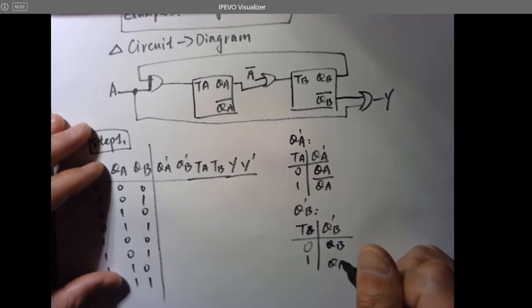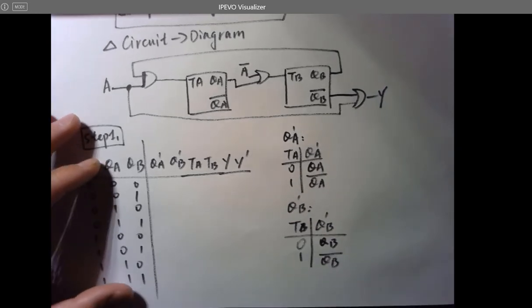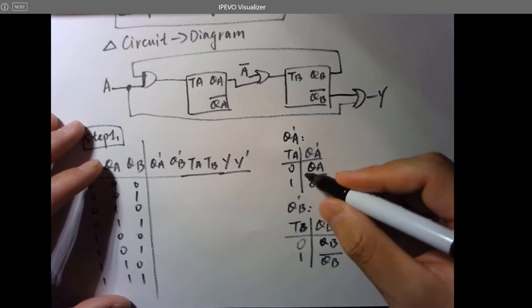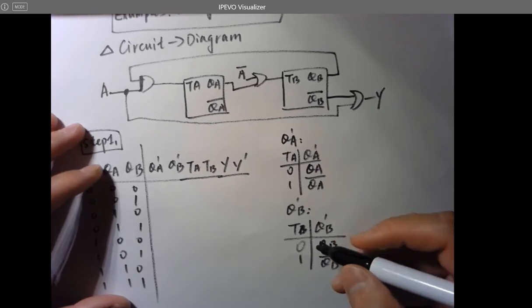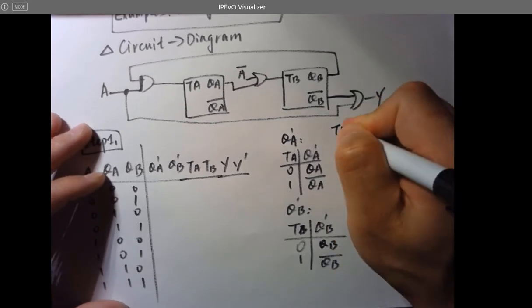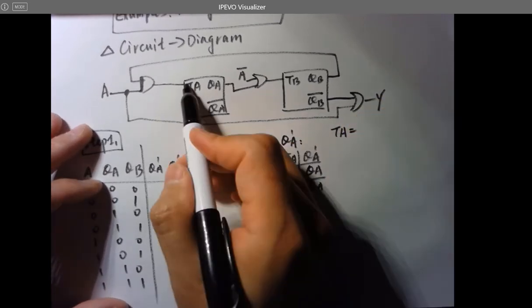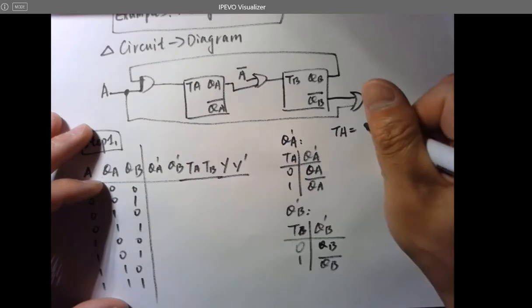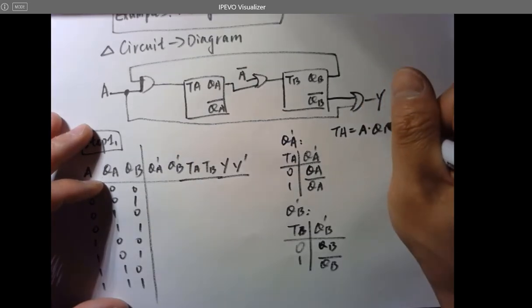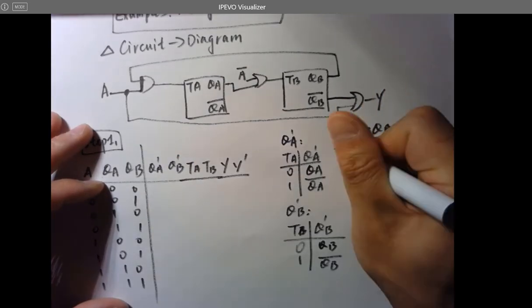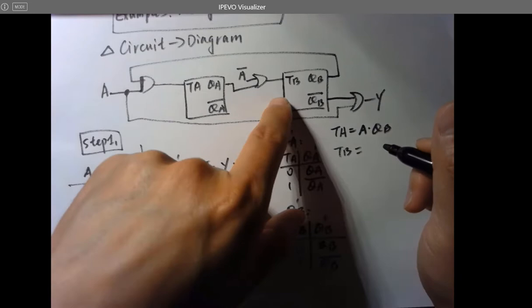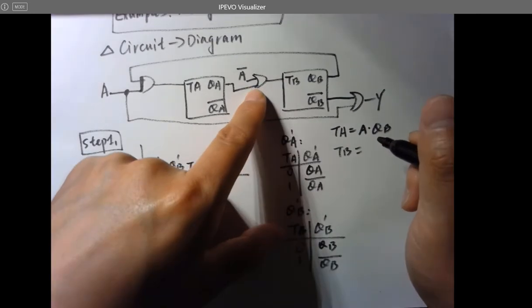Copy, toggle. So that's QA prime, QB prime. And also TA, what is TA? TA is QB and A, that's just A and QB. TB is A naught or QA.